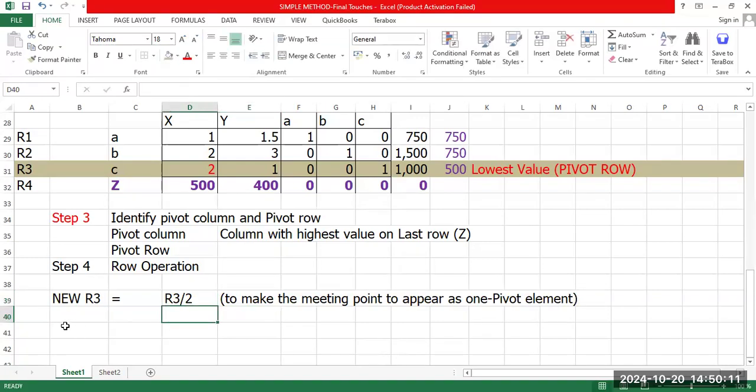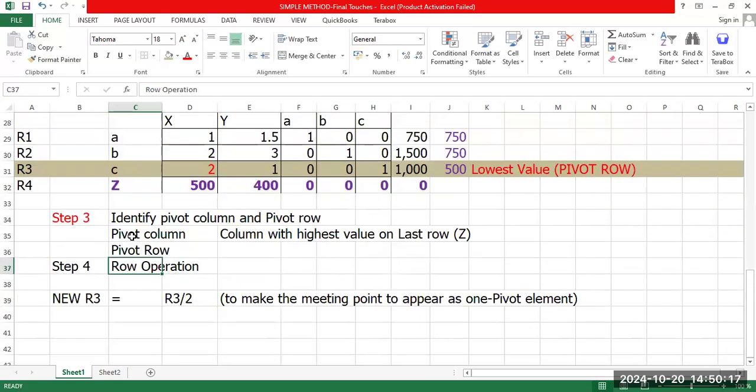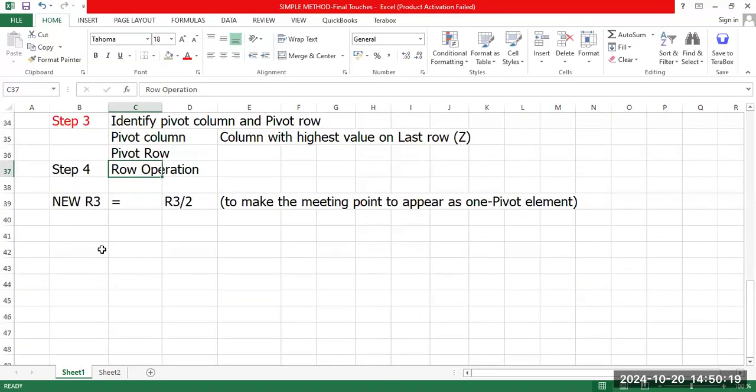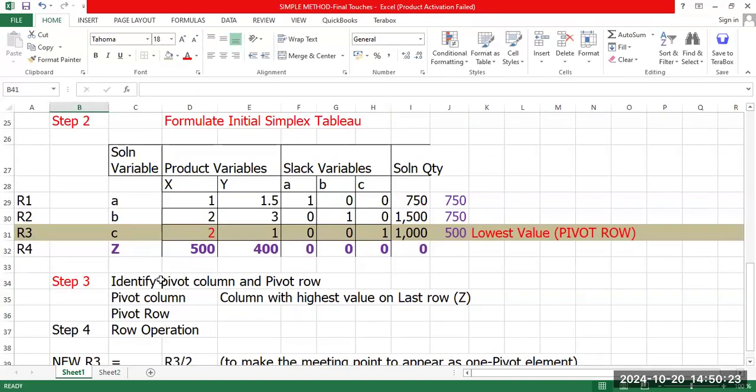Okay. Then next formula, next part, when you're under row operation, you will need other formulas. Now, other formulas you're going to develop are going to help you to make sure that all other values on the pivot column appear as 0.